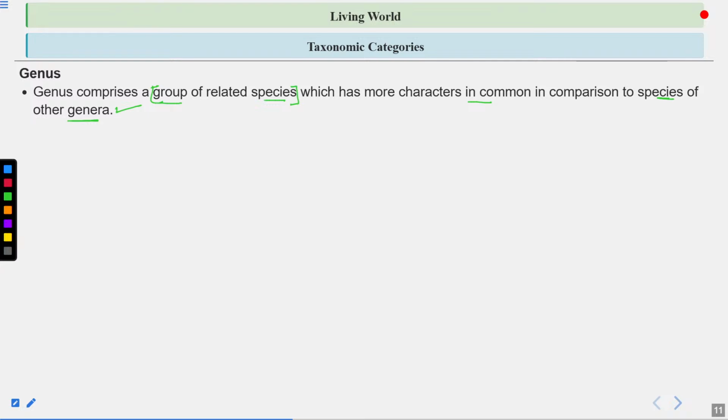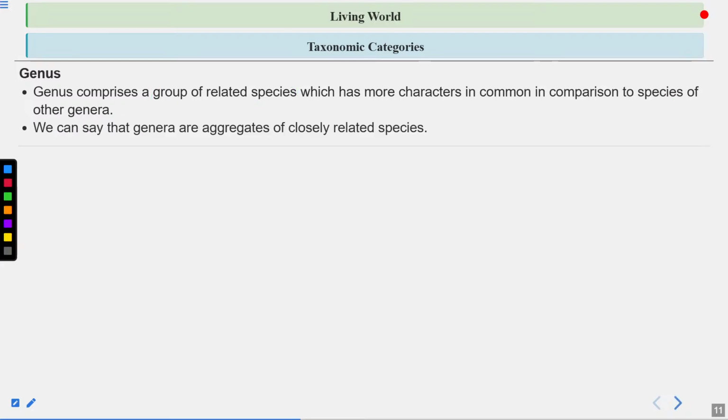So the species which are included in a particular genus will share common characteristics. That's why you are writing the words related species. This word is very important, related species. You have to write this. Now we can say that genera are aggregates of closely related species, meaning these species will share common characteristics.